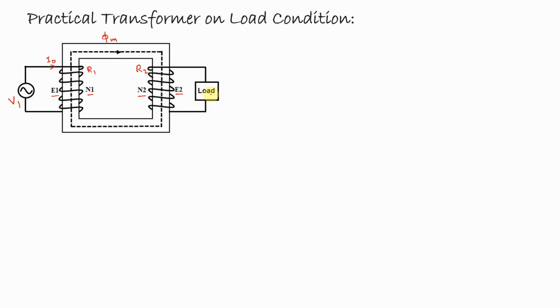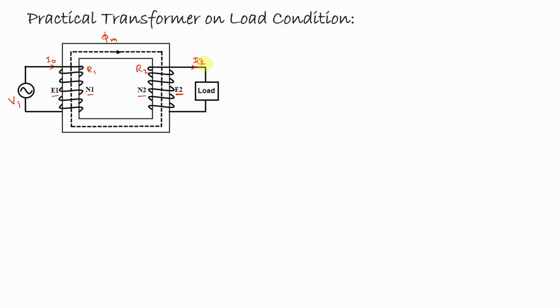The resistance of the primary winding is R1, and the secondary winding resistance is R2. Now see the secondary part. Here we have connected a load. As we connect the load, the secondary circuit is closed and the EMF works as a source for the load, so a current will start to flow in the secondary side.